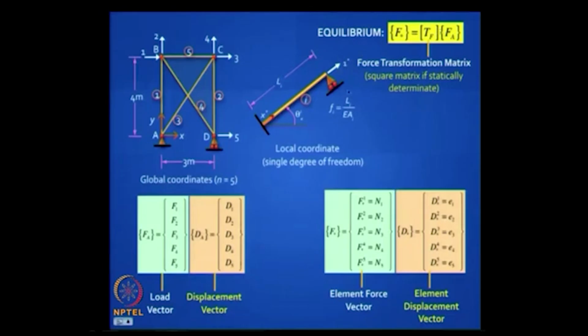So whether I write just star here or 1 star here, in the case of a truss it does not matter, you can choose either. I will show you alternatively how you can do it. So this is nothing but the bar force, and the internal D1 star is nothing but the bar elongation. Do you understand what this means? Everything makes sense? Okay. Now we need to generate the TF matrix.